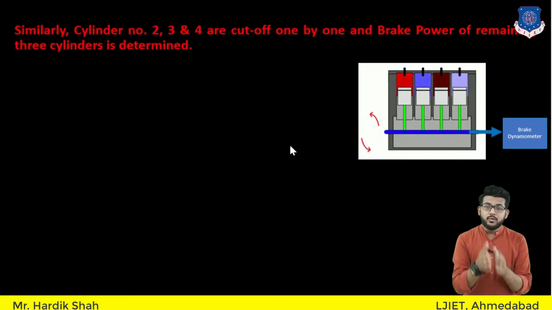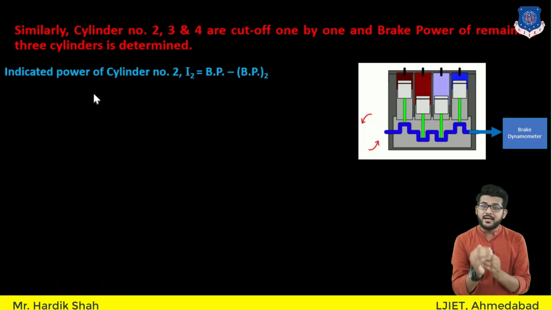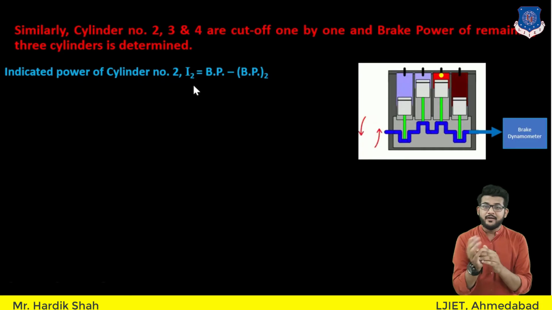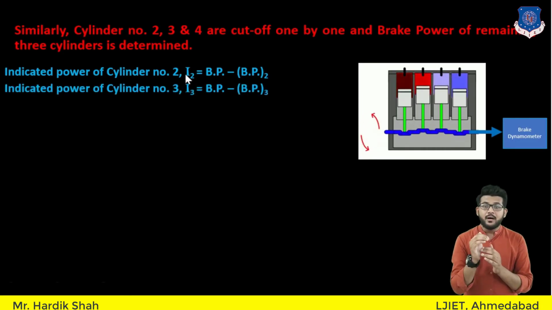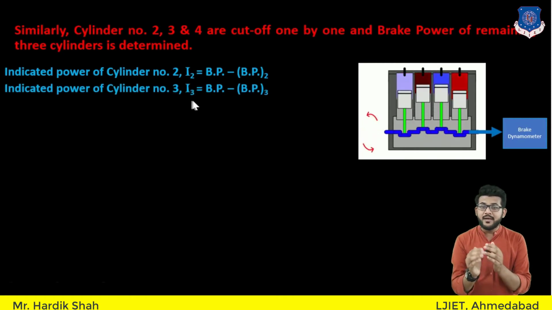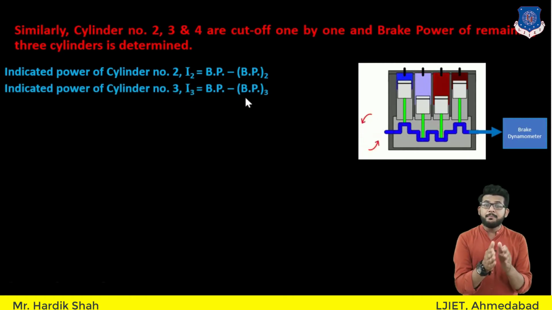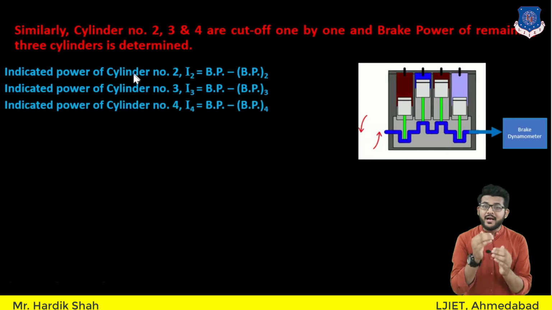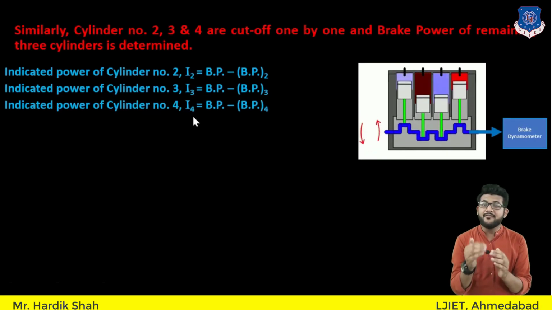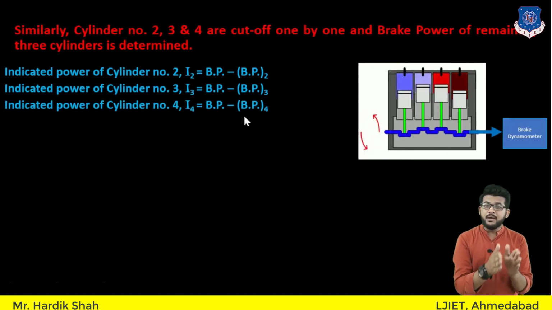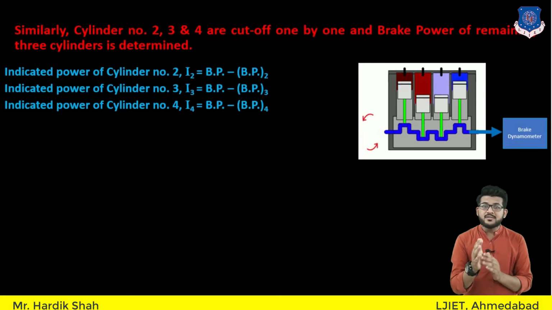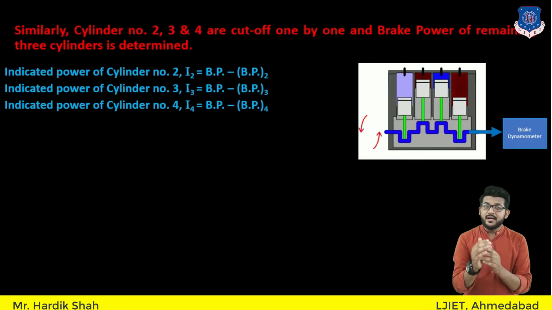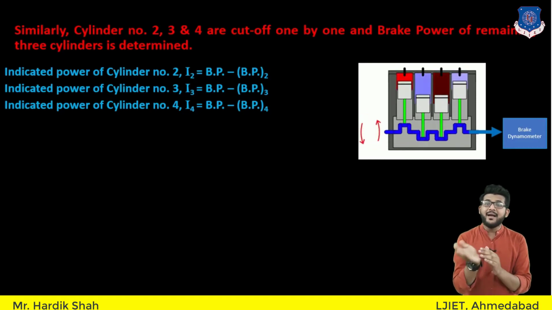Okay, so by doing that, we will have the indicated power of each cylinder. For cylinder number 2, it will be I2, that is equal to BP minus BP2. Indicated power of cylinder number 3 will be I3, which is equal to BP minus BP3, and indicated power of cylinder number 4, that is I4, is equal to BP minus BP4. So here we have found the indicated power of cylinders 1, 2, 3 and 4.